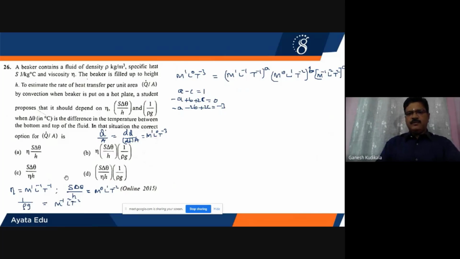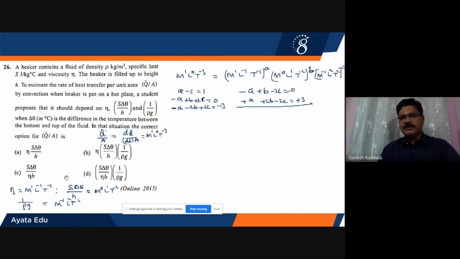Okay. So now after knowing these three equations, I should work out the values of A, B, C. Let me solve these two equations because I can cancel A easily. Minus A plus B minus 2C will be equal to 0. On subtracting, I'm going to get plus A plus 2B minus 2C will be equal to plus 3.